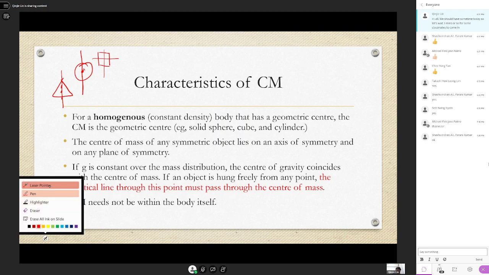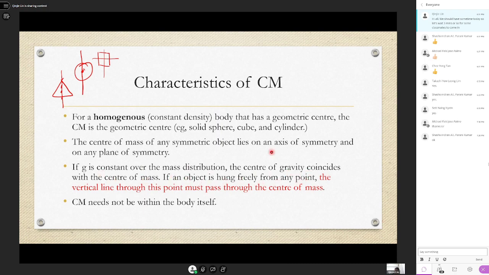Third point, if g is constant over the mass distribution, the center of gravity coincides with the center of mass. If an object is hung freely from any point, the vertical line through this point must pass through the center of mass. Generally, we assume g is constant over the mass distribution because we are so small. For example, your screen in front of you now: the left side and the right side of the screen experience the same gravitational acceleration.